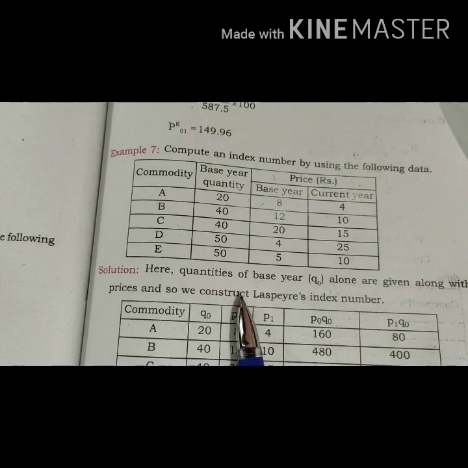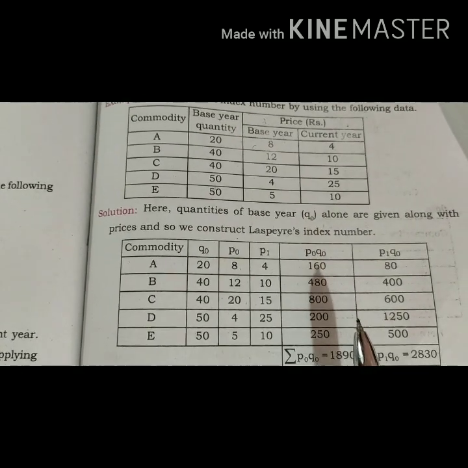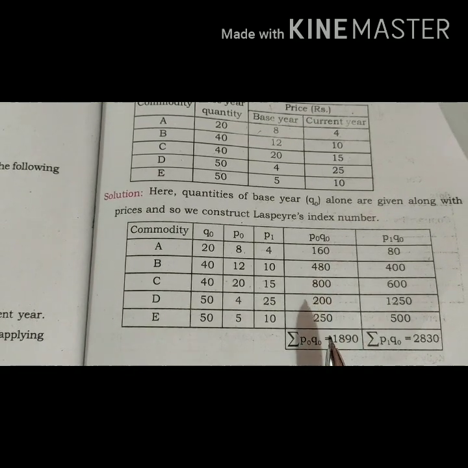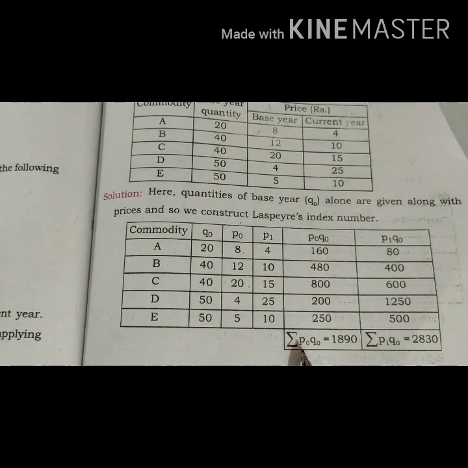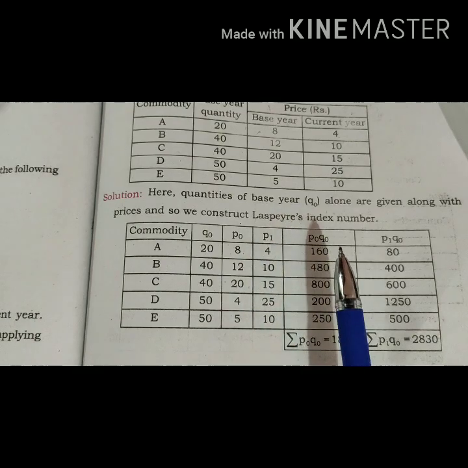So we construct only the Laspeyres price index number. Why? Because we should know only P0 Q0 and P1 Q0. If we find these two things, we can calculate the Laspeyres price index number.